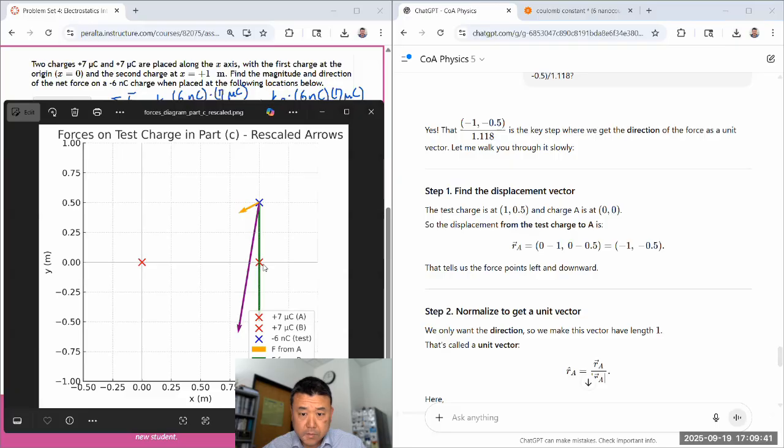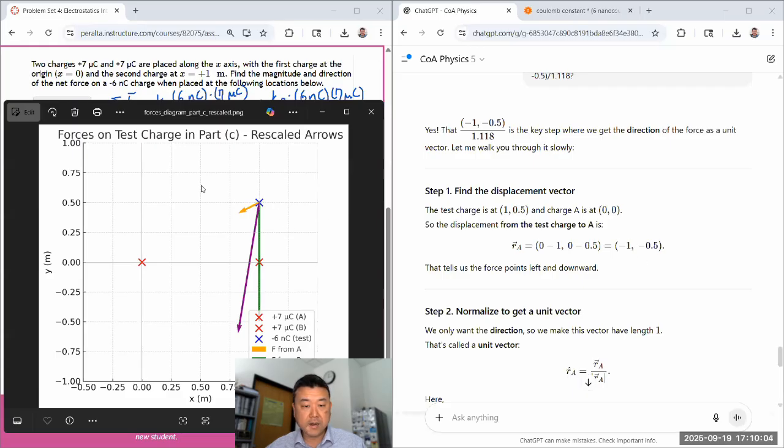So the test charge is here, charge A is here, so it's getting a displacement vector by taking a difference, I guess it's doing the charge A minus the test charge. Yeah, so 0 minus 1 for the x component, 0 minus 0.5 for the y.